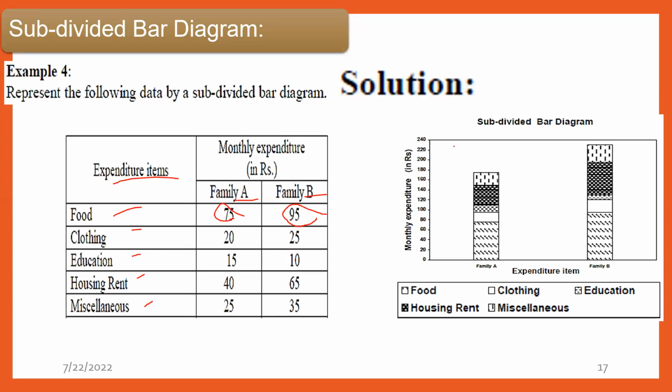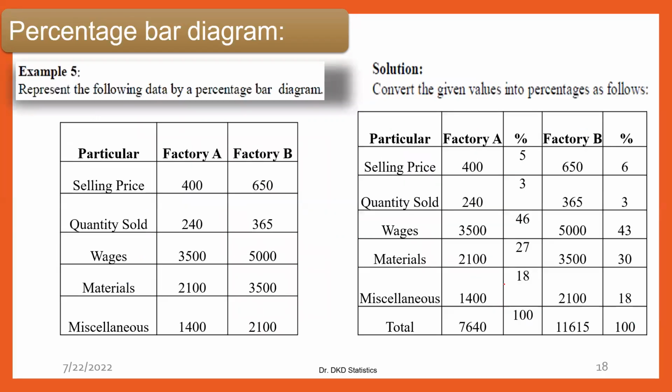So here we can create this subdivided bar diagram for family A and family B, with food, clothing, house rent, education, and miscellaneous. So for family A, this is the component bar diagram, or subdivided bar diagram.